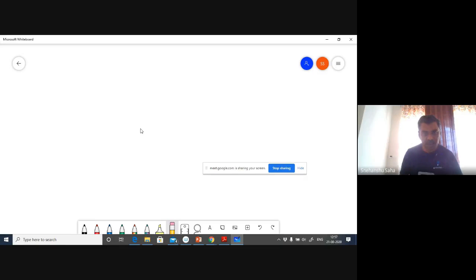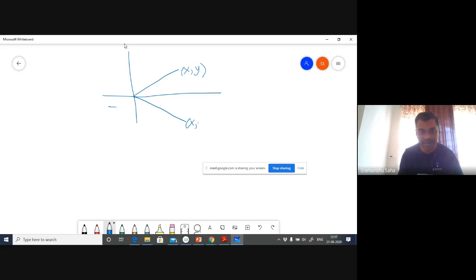So what I want to do here is the following. Drop a vector (x, y) and reflect the vector in the opposite direction. Now, if I do that, what I'm going to end up getting is (x, -y).